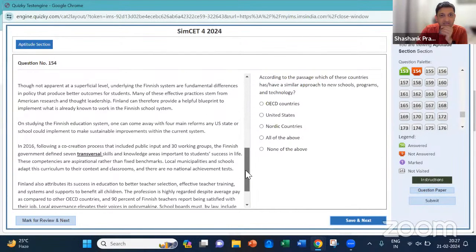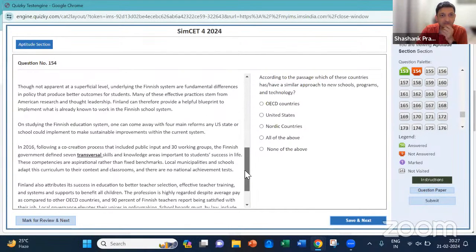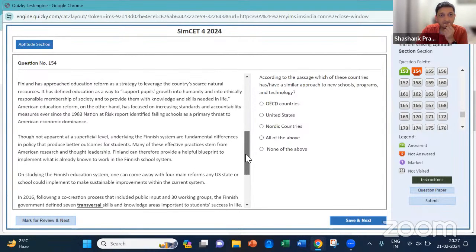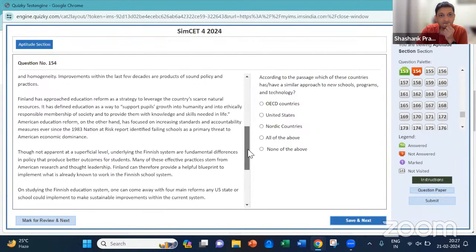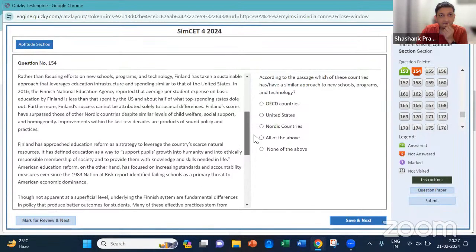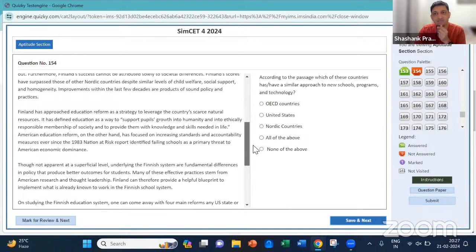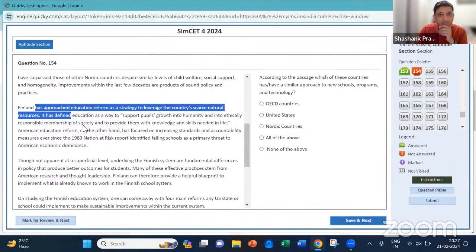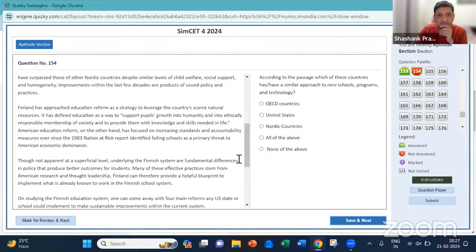Four main reforms which US can use, which is not required. Similar approach to new schools, programs, and technology. Reform. Okay, this one. Yes, got it.